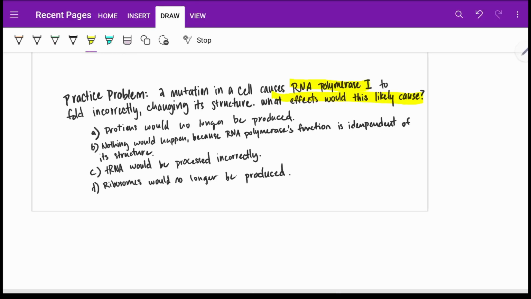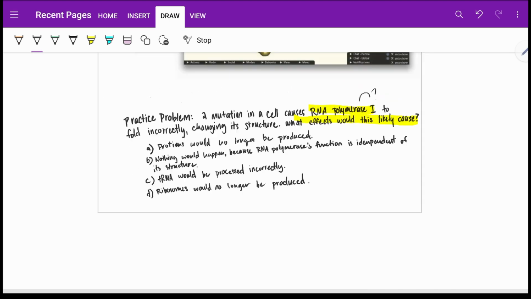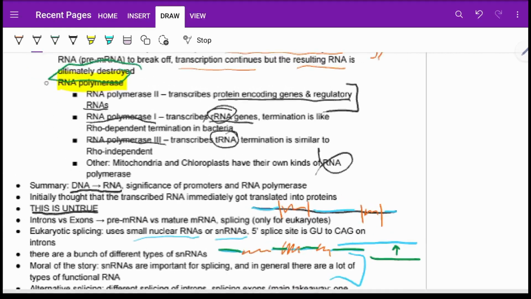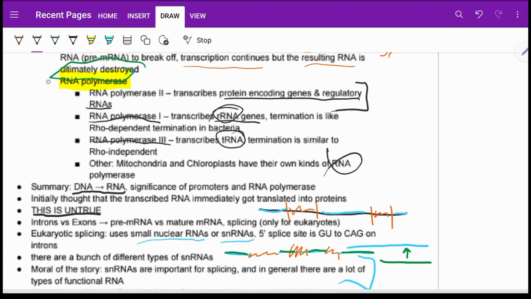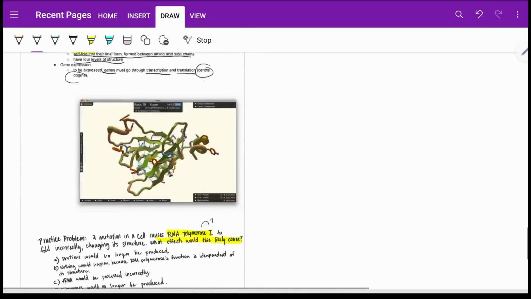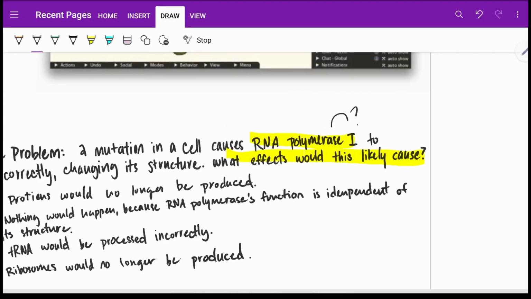So we need to look back and say, what does RNA polymerase 1 do? This calls back to something that's in our brain. If we look back into our brain's files, RNA polymerase 1 transcribes rRNA genes, and we know that rRNA is crucial in making ribosomes.